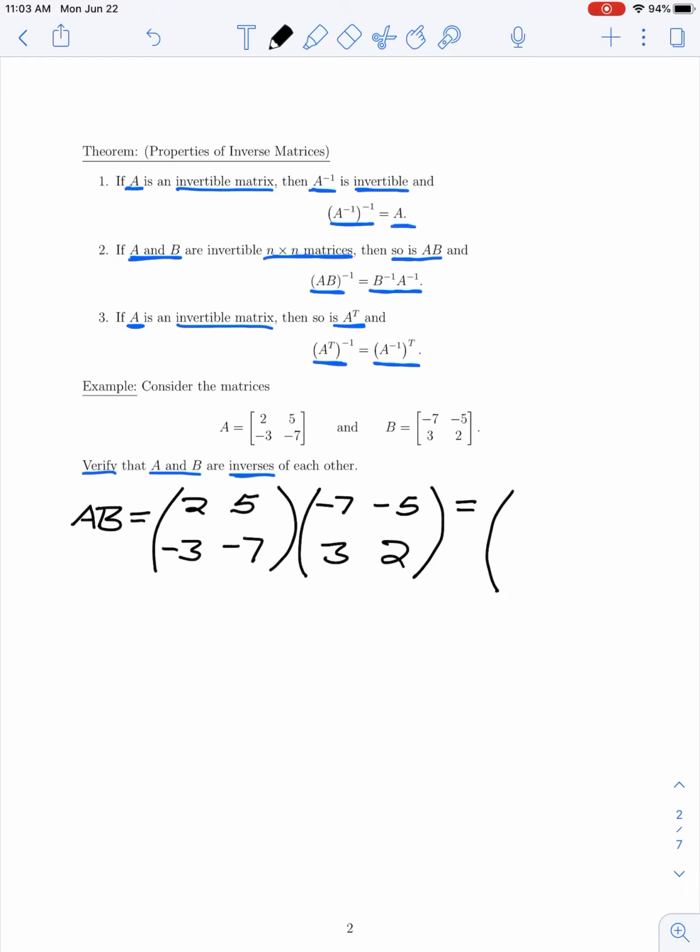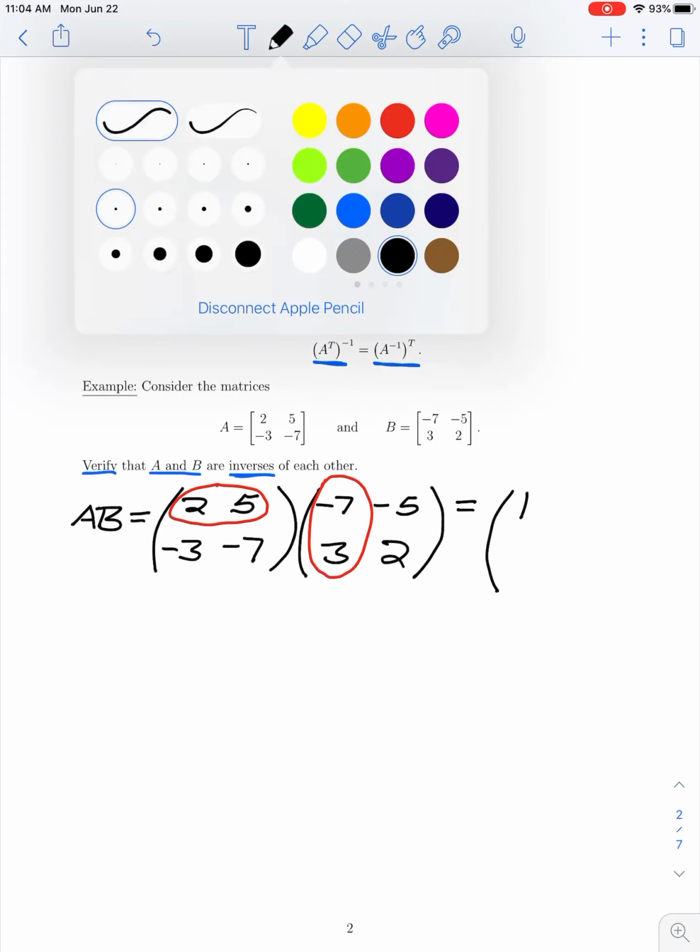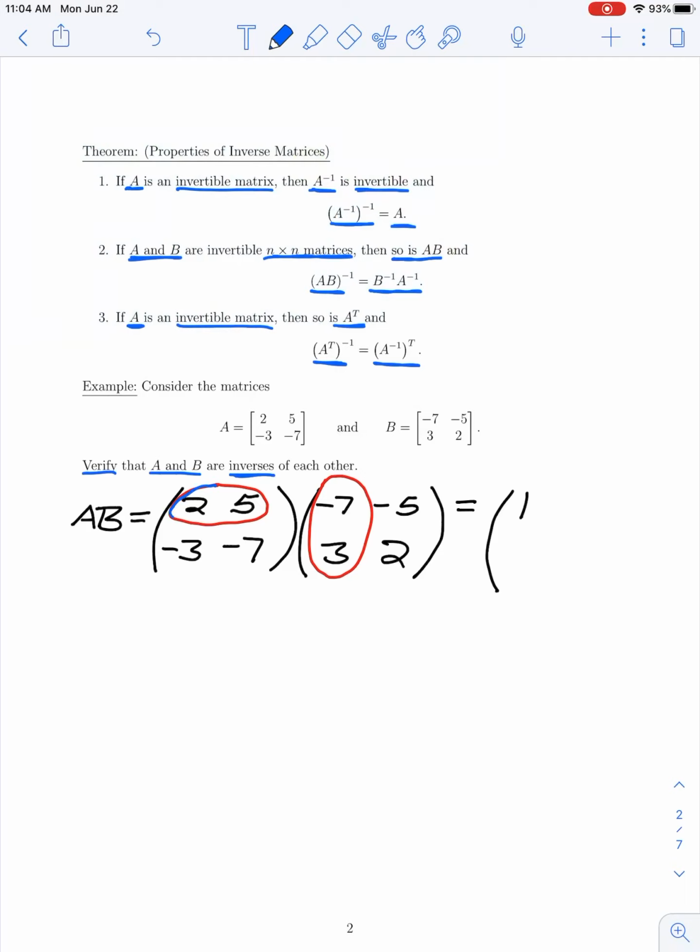To get the entry in the first row, first column, we're going to take the first row and first column of these factors and look at their dot product. For this one, we would have -14 plus 15, which leaves us a +1. For my first row, second column, I'm going to take the dot product of the first row and second column of these factors. Here I have -10 plus 10, which is 0.